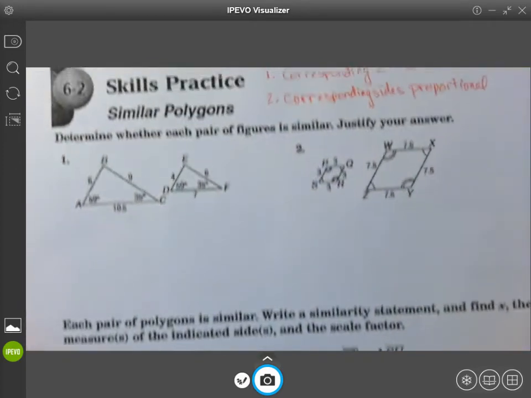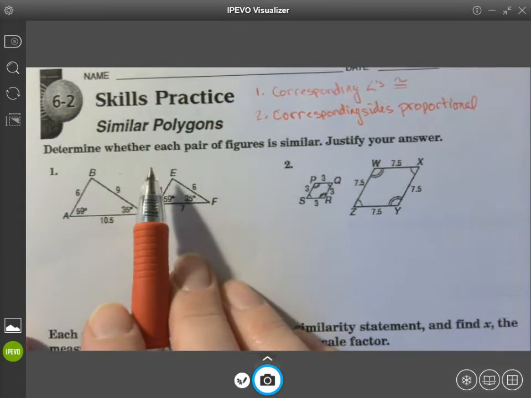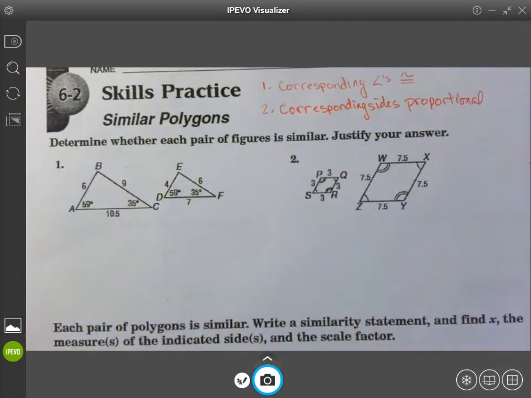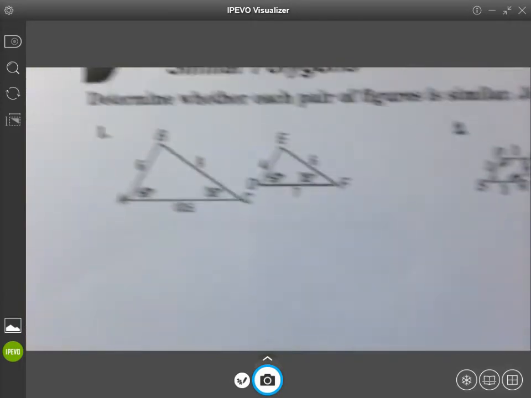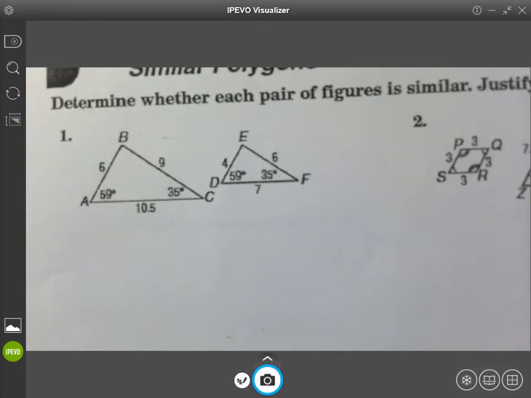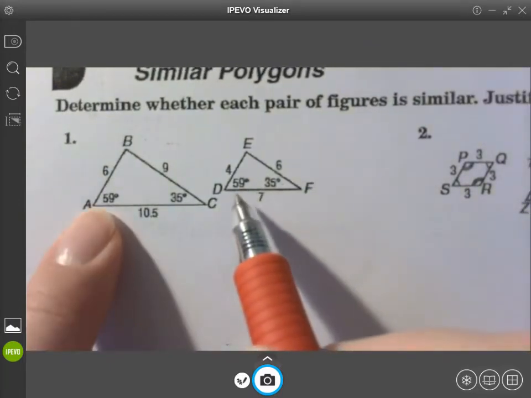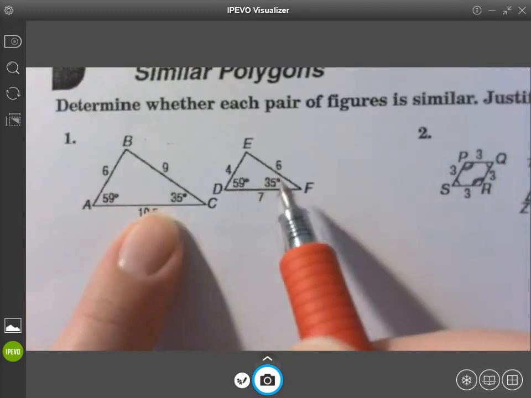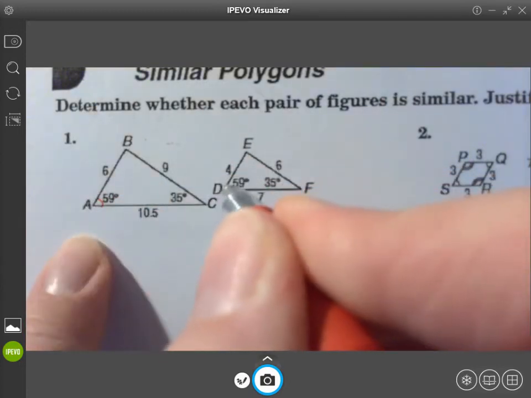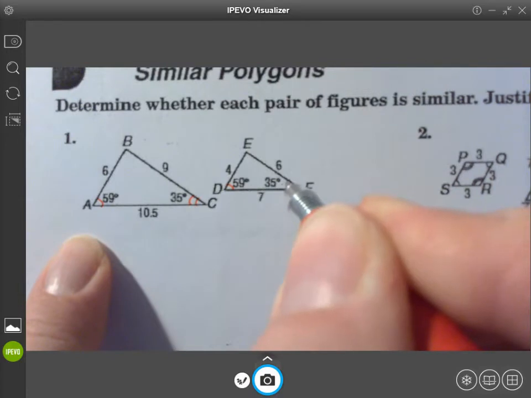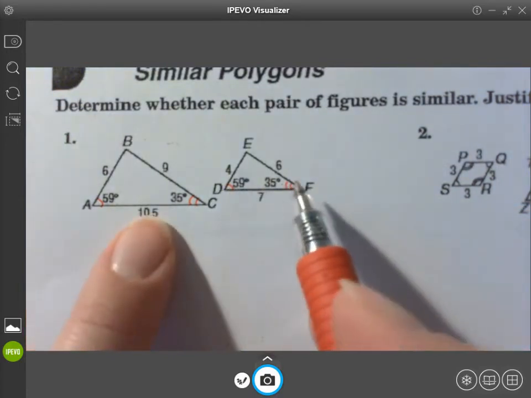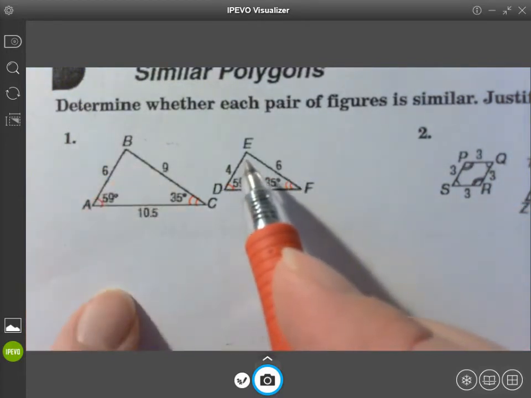Okay, so I'm going to come back up to here. Determine if they are similar and then justify your answer. So let's dig in to this first one. Whenever I go to look at this, I see that this is 59 and that's 35. So this angle does match with this one. This angle matches here. If these two angles are the same, then the third angle must be the same.